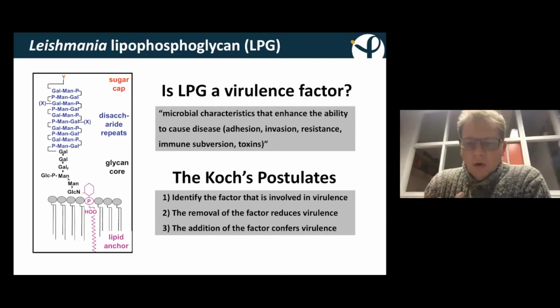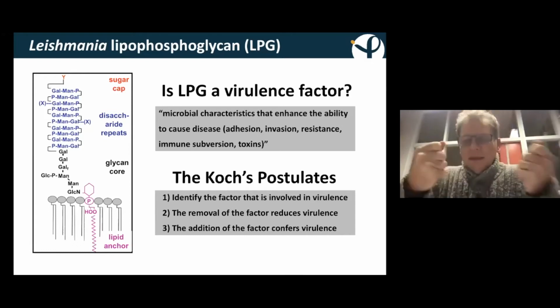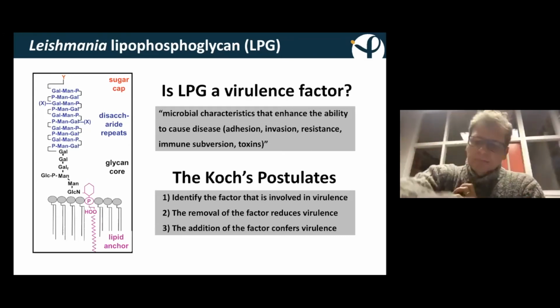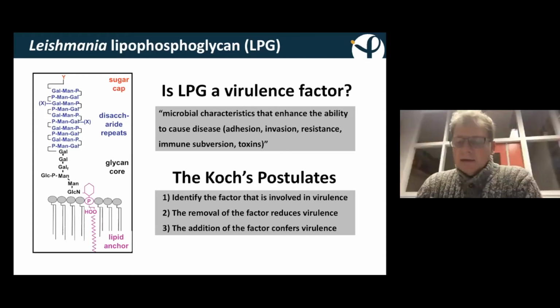in order to really understand how a molecule helps the microbe to make us sick, here's what we have to do. First of all, we have to identify the factor that we think is involved in virulence. Second, we need to remove the factor. And if the microbe then loses infectivity, that's already a very good hint that this factor is important for the microbe to infect us and make us sick.